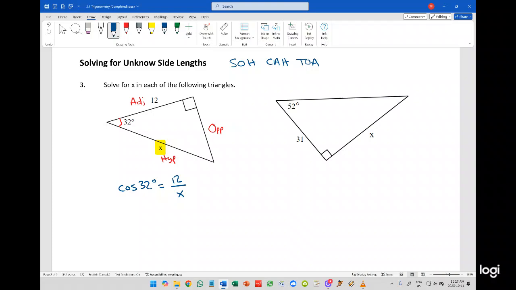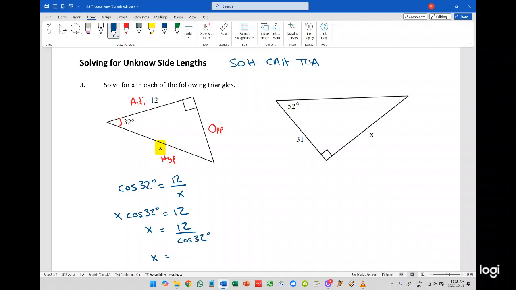All we have to do is do the same thing to both sides of an equation, and we can get x by itself. What I'm going to do is start by multiplying both sides by x, and that gives me x cos 32 equals 12. And then I'll divide both sides of the equation by cos 32, and that gives me 12 over cos 32.